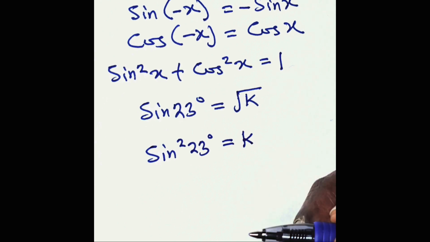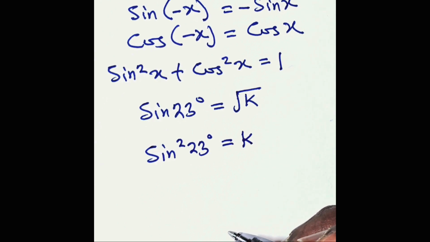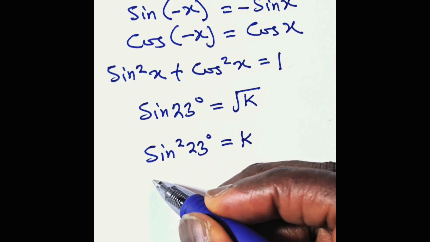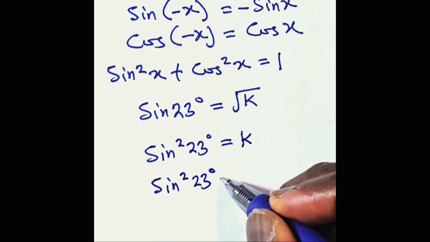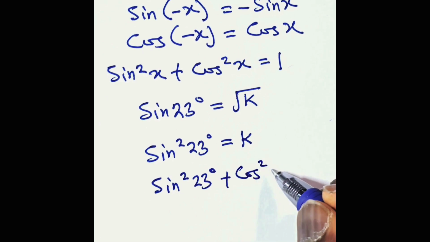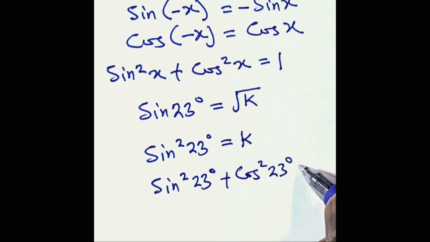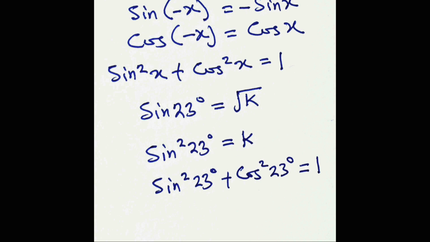We can then turn to the Pythagoras theorem and say that sine squared 23 degrees plus cos squared 23 degrees will give us 1.